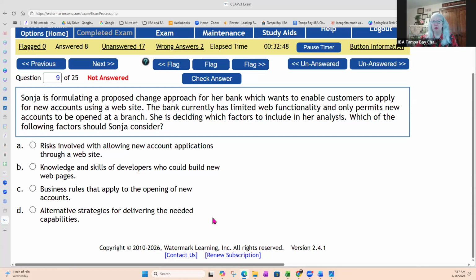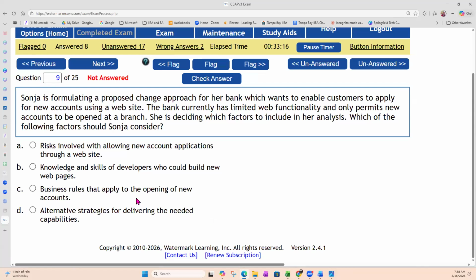One answer is going to be better than the others. I will go with A for Alabama on the final answer for this one.